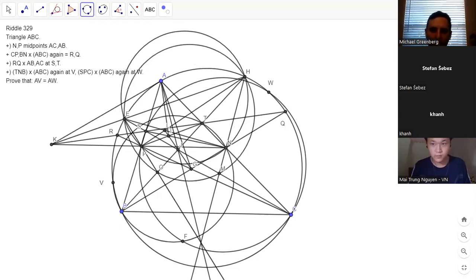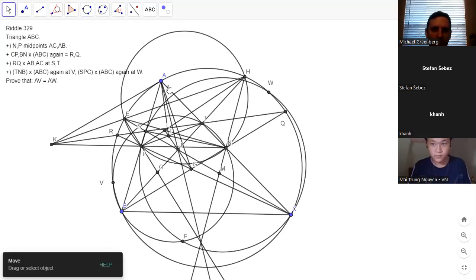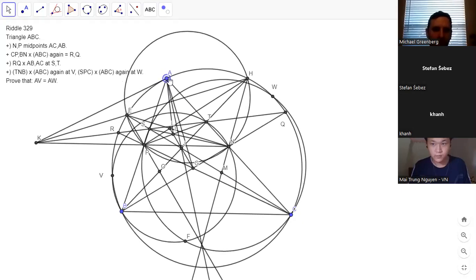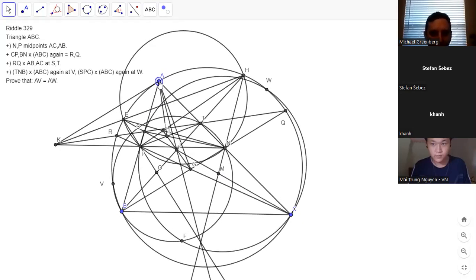I wonder if OM is parallel to BC. I think by Reim's theorem, it would have to be. I think if we could show OM is parallel to BC, that would solve the problem. We would have to show that EPH is cyclic first for that. Oh yeah, you're right. But that looks like something pretty good. That looks like it might be easier. Yeah. So once we show this, we'd have to show that this is cyclic and that OM is parallel to BC.